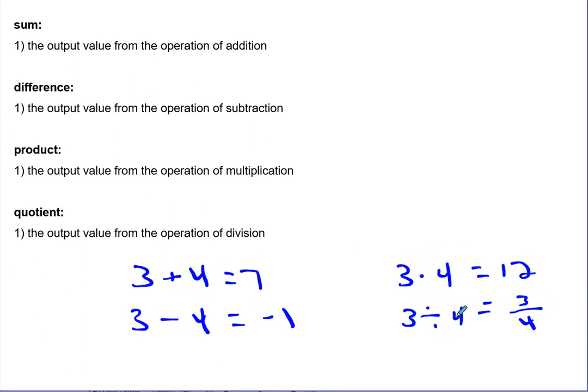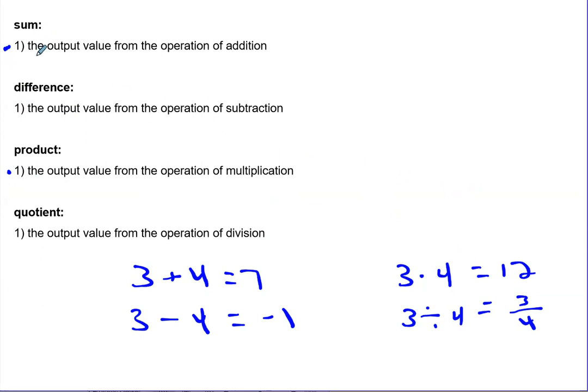The quotient of 3 and 4 is very different from the quotient of 4 and 3. Because of that commutativity, we tend to use the sum and the product language much more often in casual conversation, right? What's the sum of these numbers? What's the product of these numbers? And maybe it's more than 2, right? We've talked about how to deal with that in past videos.